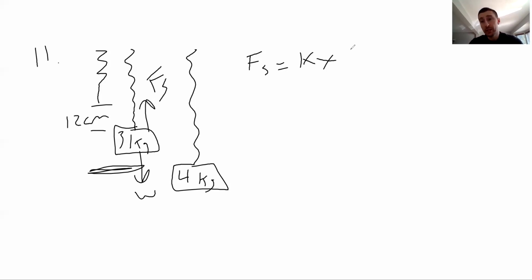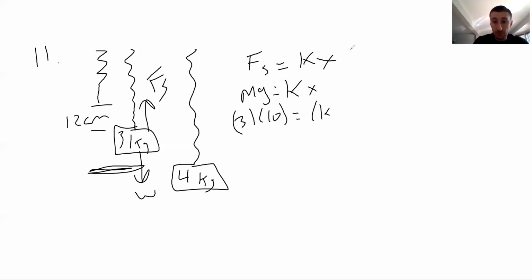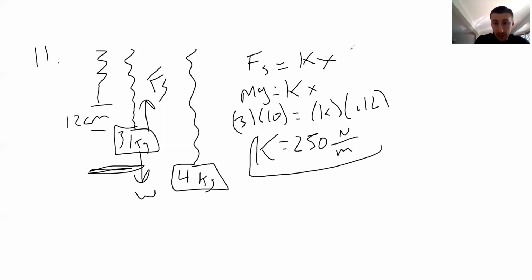It's not moving, so therefore those forces have to be equal. So I can rewrite this as mg equals kx. My mass is 3, gravity is 9.8. All right, they use 10 to make it easy. 30 equals K, which is what I'm looking for, times x, which is 0.12 meters. So when I do this out, I get 250 newtons per meter, and that's my K value.